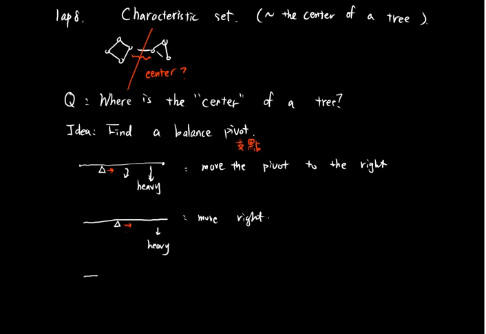And you know, we are not always lucky. Sometimes we just move it to here and then realize that, okay, this time we do it too much and it is way too heavy on the left hand side. And this time we move left. And so whenever this happens, we know that the center is actually just around here, right? We will see that center is about here.